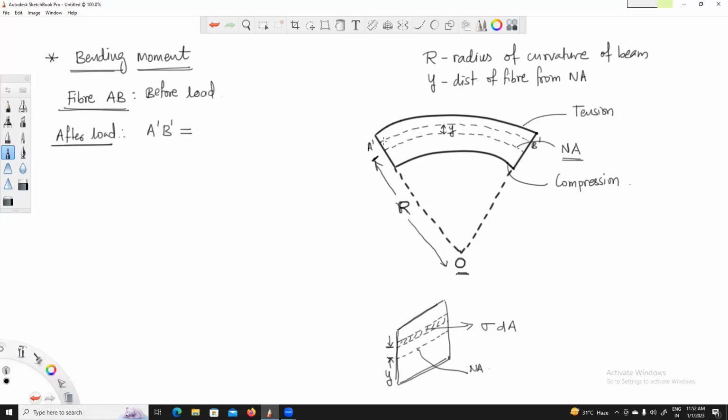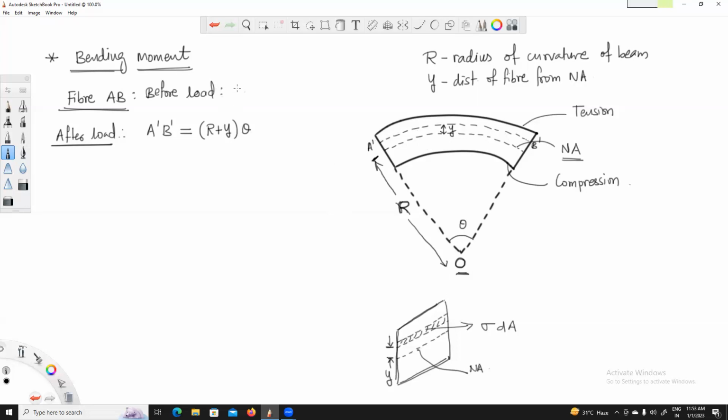As we have assumed this shape to be a part of a circle, the length of an arc can be found as follows. Suppose this angle is theta. The length of an arc is radius times theta, and the radius for this A dash B dash fiber is now R plus y, so the length is (R plus y) times theta.